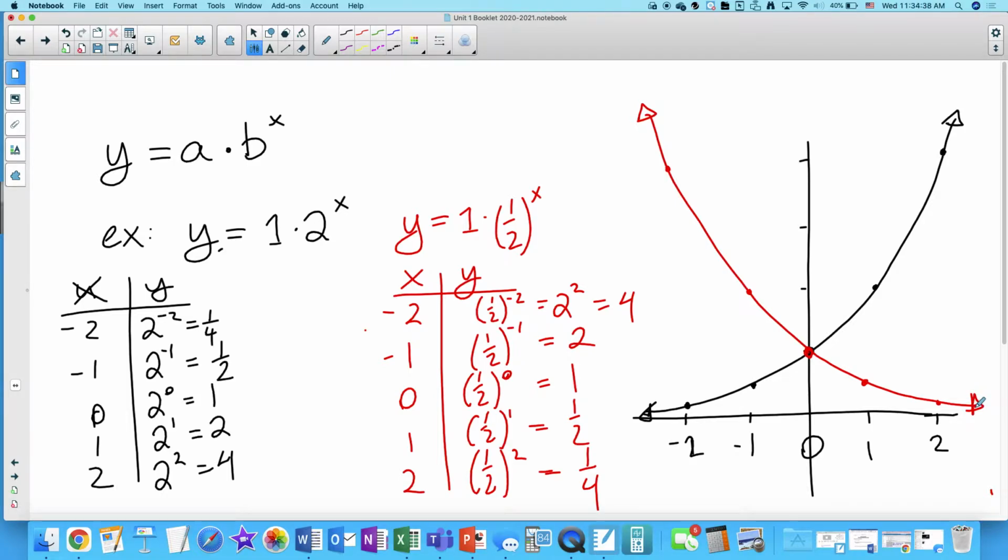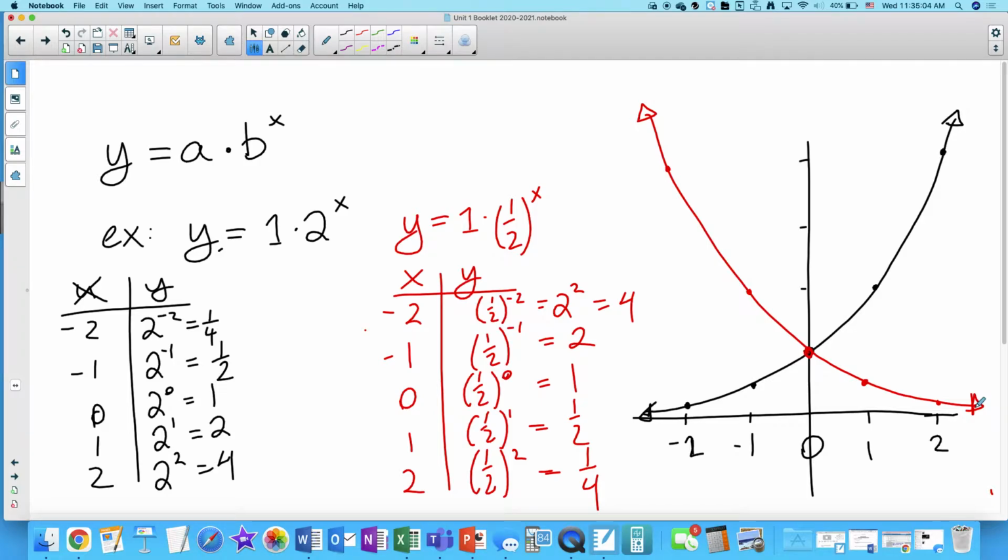We looked at a couple of examples of these functions. What we found is that when the base value is larger than 1, you keep increasing. You get bigger and bigger because you keep multiplying by something bigger than 1. That's what we see in the black graph. As x gets bigger, y gets bigger too, because we keep doubling.